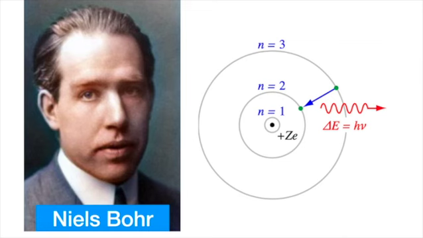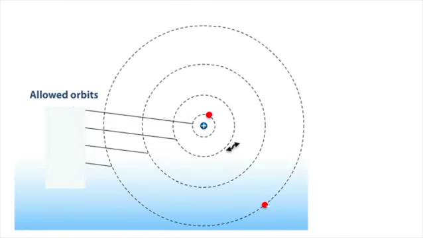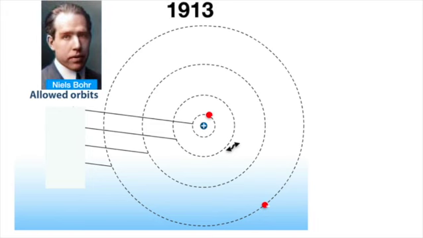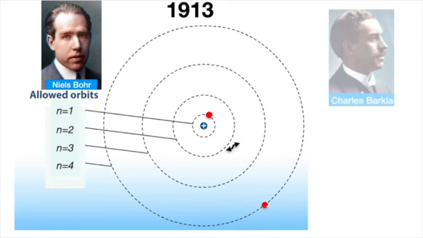He viewed the atom as electrons located at different distances from the proton, revolving around the proton nucleus, similar to the planetary system. The electrons at different energy levels, or quanta, are principal quantum numbers, designated by the letter n. These are integers, equaling 1, 2, 3, and so forth.